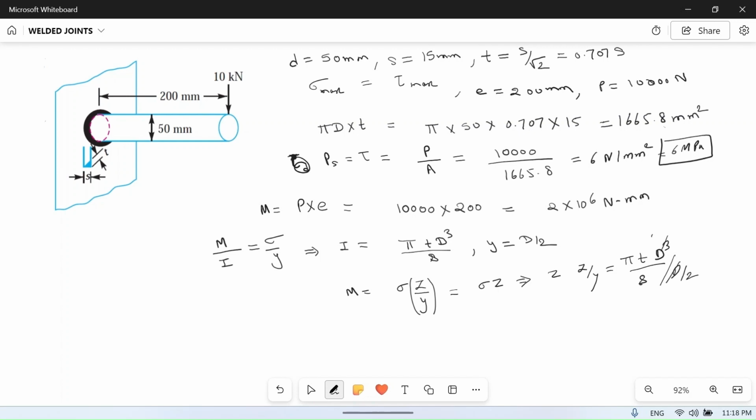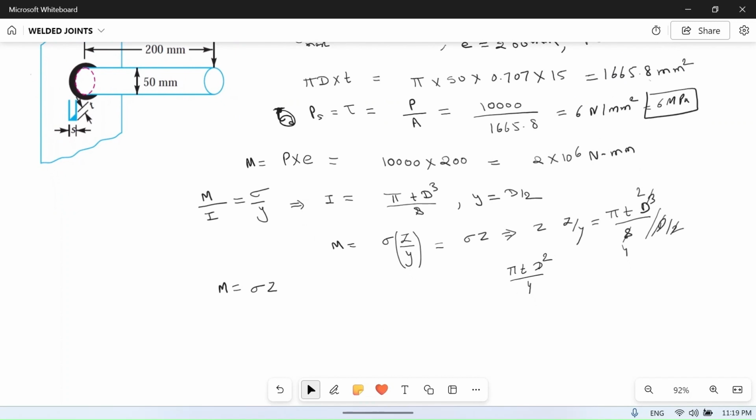The d will cancel, this will be d square, and this will be 4, so it becomes pi t d square divided by 4. This is the section modulus. So from here, M is equal to sigma into Z.